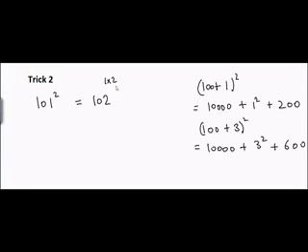So the answer is 10201. Again, if I have to take 103 square, 3 into 2 is 6, and 3 square is 9, so 10609.